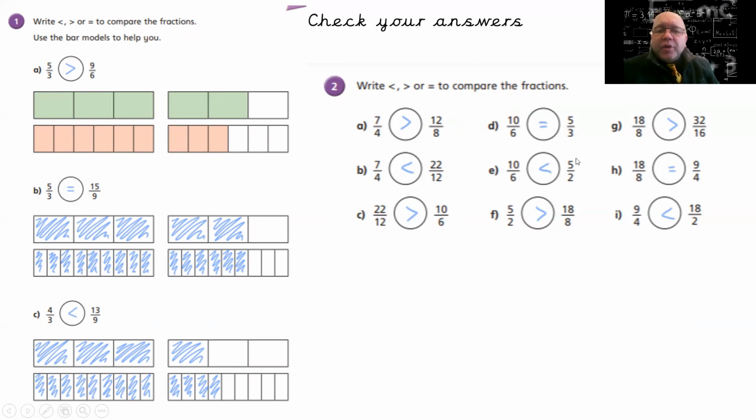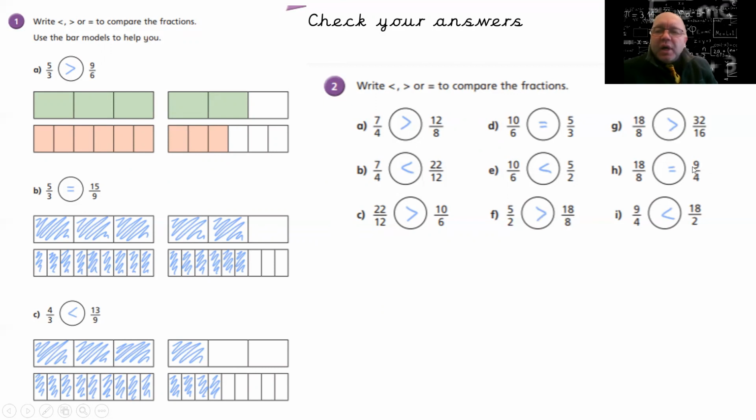For E, I'm going to double my numerator this time. So I'm going to have 10/4, which is greater than 10/6. For F, I'm going to multiply the whole thing by 4 to give me 20/8, which is greater than 18/8. G, I'm going to double my numbers. So I'm going to have 36/16, which is greater than 32/16.